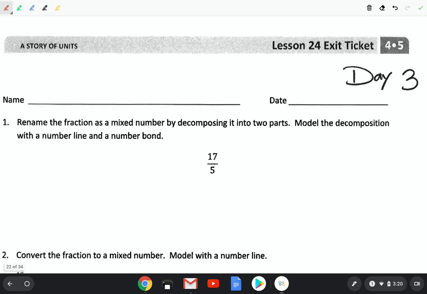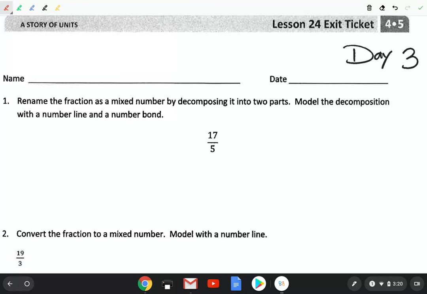To rename those fractions. The exit ticket: rename the fraction as a mixed number by decomposing it into 2 parts. No number line, that's a choice I said, but do use a number bond and division.